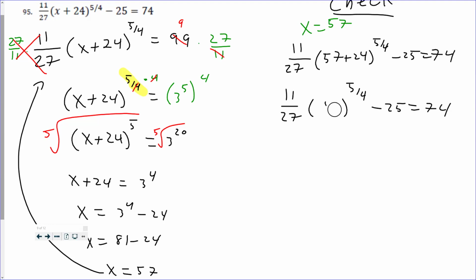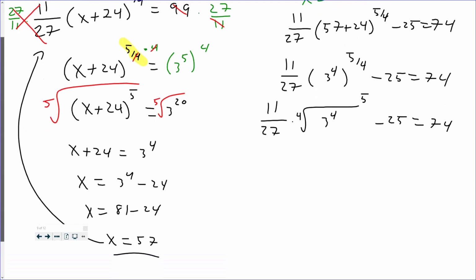Remember, 81 is just 3 to the fourth. So this 5/4 is just saying I have the fourth root of 3 to the fourth all to the fifth power. So really the fourth root and the 4 cancel out. Is everyone with me before I keep going? All right, the fourth root and the 4 cancel out.